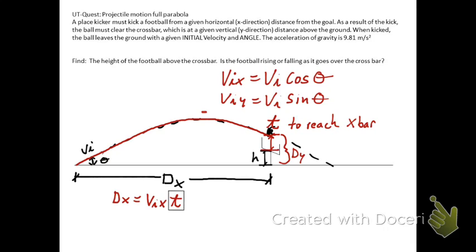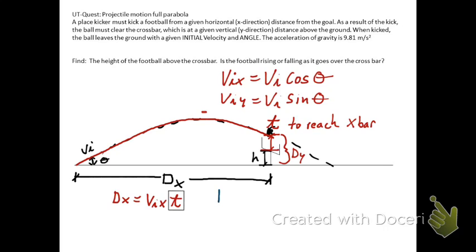Now I know the distance in the x, but the distance in the y is constantly changing. But it doesn't matter because the time to travel in both dimensions is the same. So when I solve for this t, I found this t to reach the crossbar in both the x and y dimension.